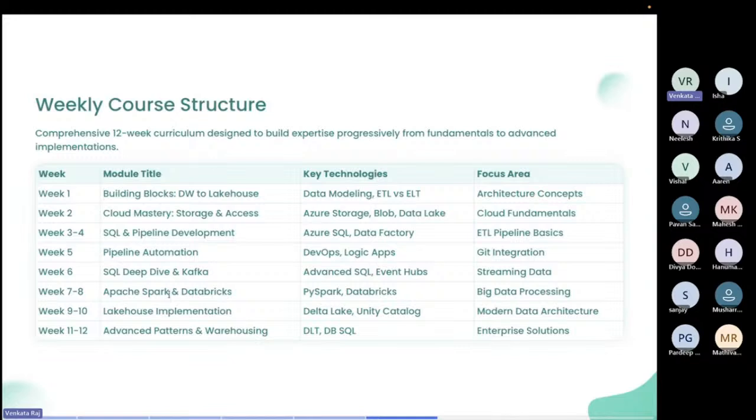Then we have Lakehouse implementation. Lakehouse implementation is the current expectation from every single data engineer, irrespective of where they are implementing this, because the traditional warehouses are no more used. So everybody has to prepare this Lakehouse.